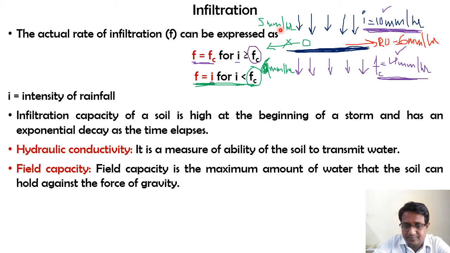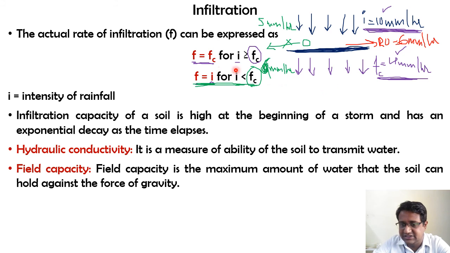Your intensity of rainfall is 5 mm, whereas infiltration capacity is 6 mm. So your infiltration rate will equal the intensity of rainfall itself. So 5 mm per hour is only going to get infiltrated, even though the capacity is 6 mm, because that much water is not coming through the precipitation. So that's why this variation is there.